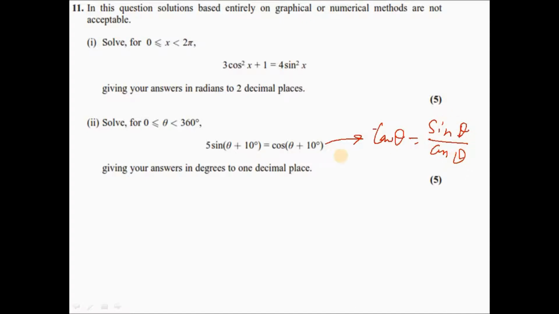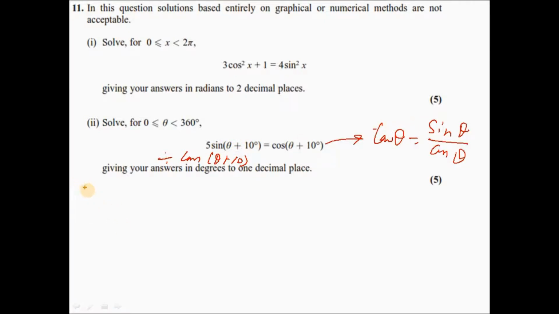Thinking of this, I am dividing the whole equation by cos (theta plus 10). So I would have sine (theta plus 10) divided by cos, and that's how I can convert.